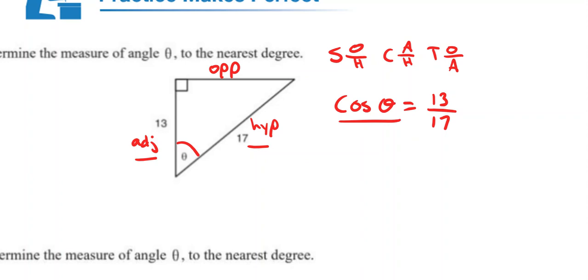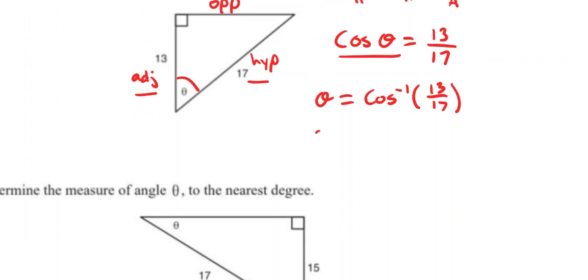Yeah, it's that -1 thing, right? So on your calculators, you guys have that button, right? So the way you would write this out, technically, is theta is equal to cos -1, which is the inverse of cos, the opposite of cos, of 13 over 17.